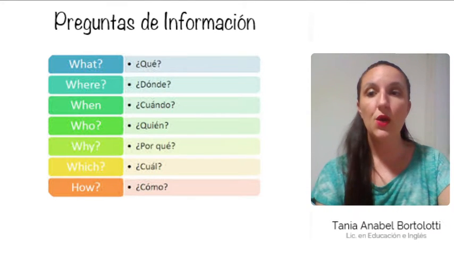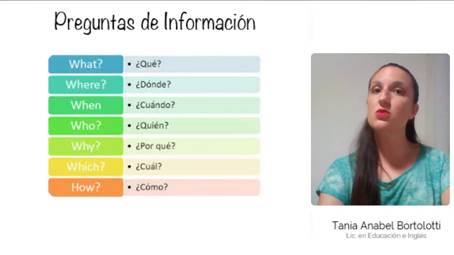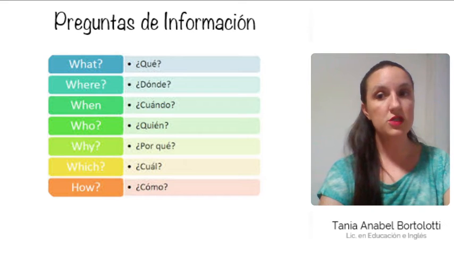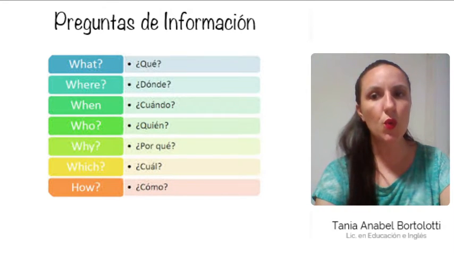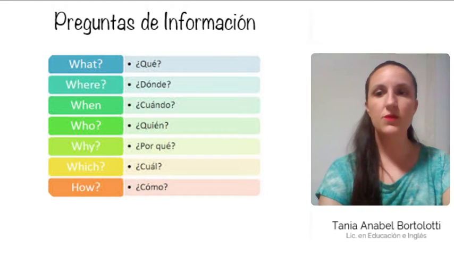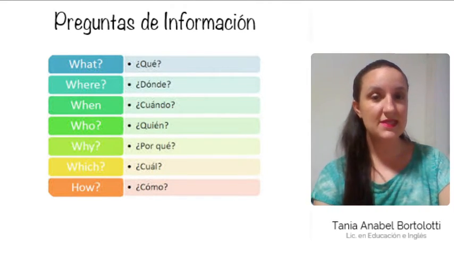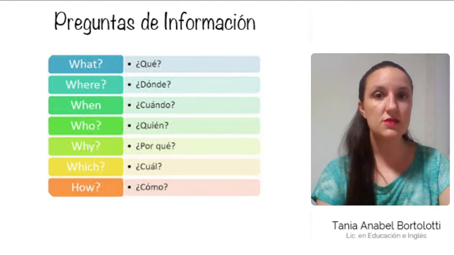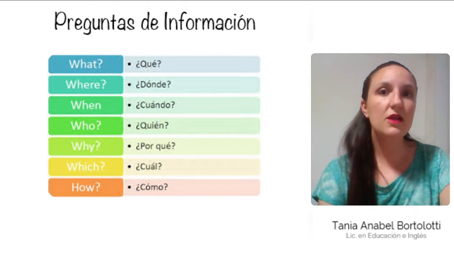For example, we have these 7 WH words to start every question: what, where, when, who, why, which, how. These 7 question words will help us make questions and interrogate our addressee with a lot of facility.